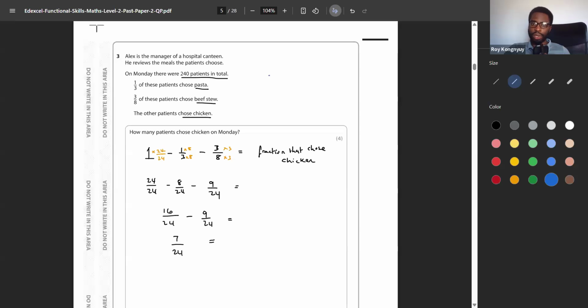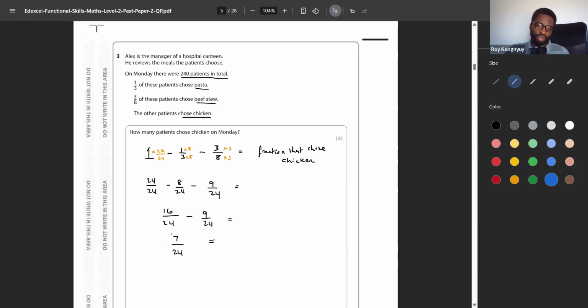So to do that, we can introduce a factor that will reduce our fractions to a common denominator. That happens to be 24 in this case, right? Common multiple between 3 and 8 is 24. So we multiplied 1/3 by 8 and 3/8 by 3. And the whole, we just represent as 24 24ths.